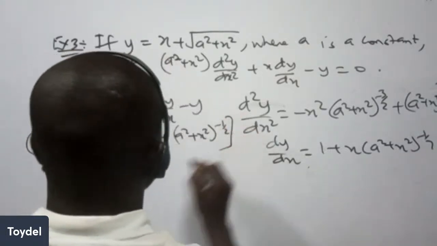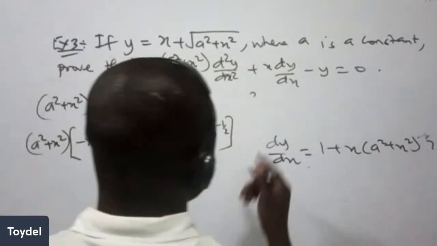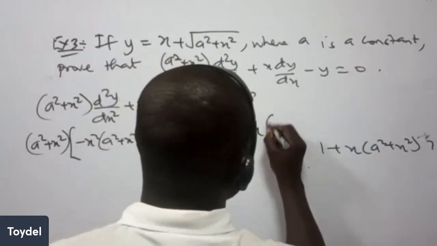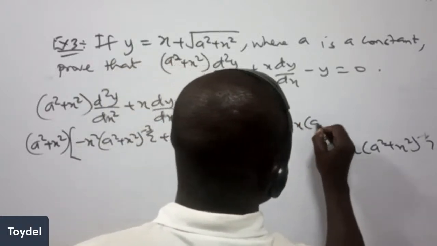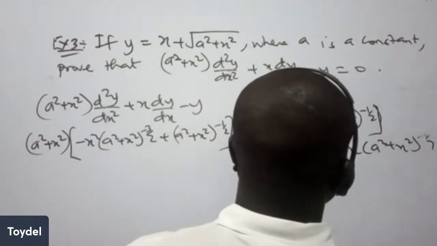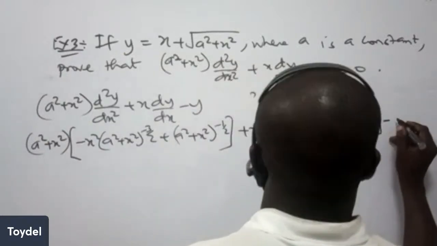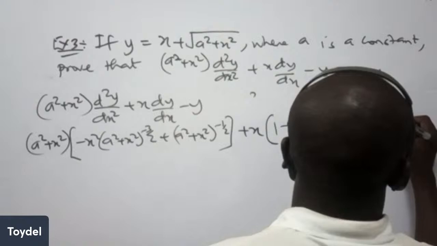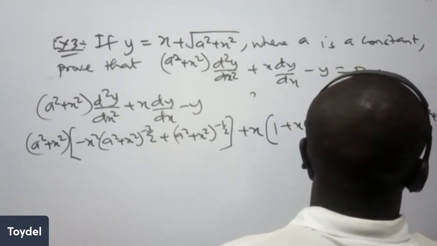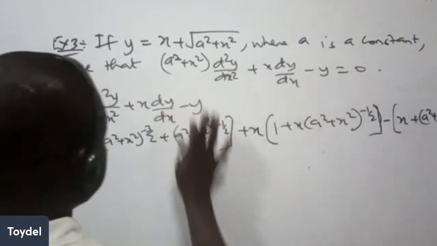That is the value of d²y/ds², then plus x into the value of dy/ds, x into (1 + x)(a² + s²)^(-1/2). Then minus y, y is given as x + (a² + s²)^(1/2). That's what we want to show, that everything there is equal to 0.